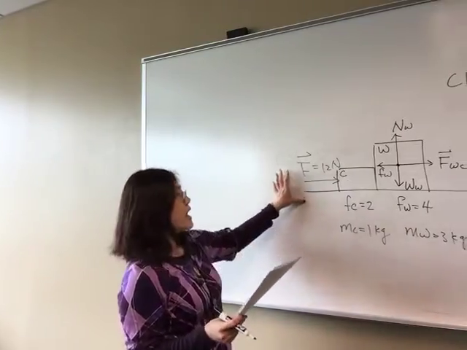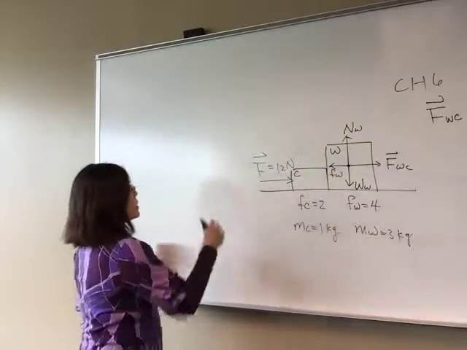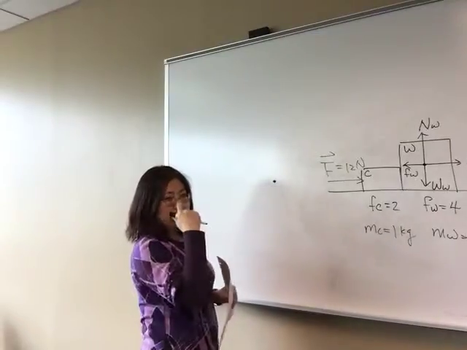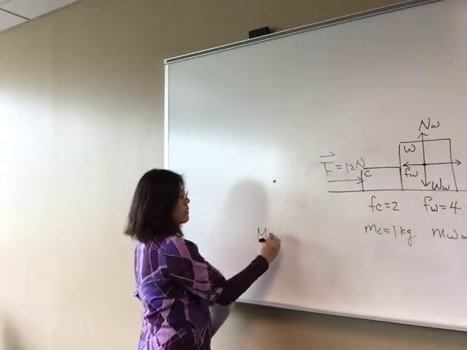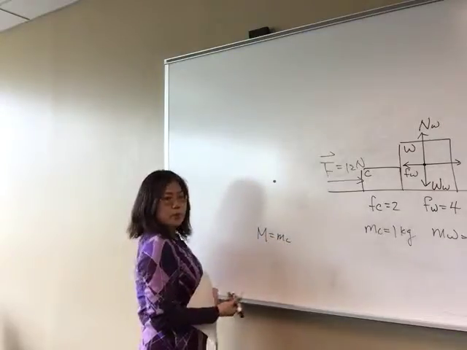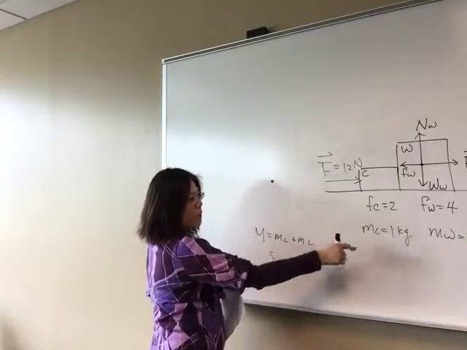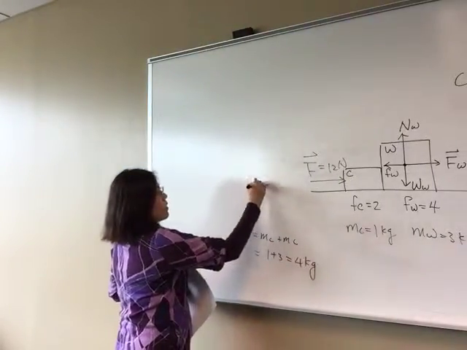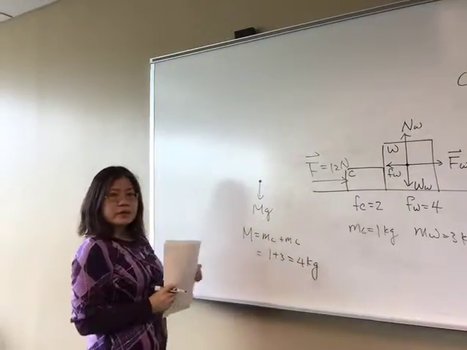If we look at this whole thing as a system, then we use this dot to indicate the combined mass of these 2 boxes. That's your capital M, the mass of the Cheerios and the mass of the Wheaties. That will be 1 plus 3, that's 4 kilograms.